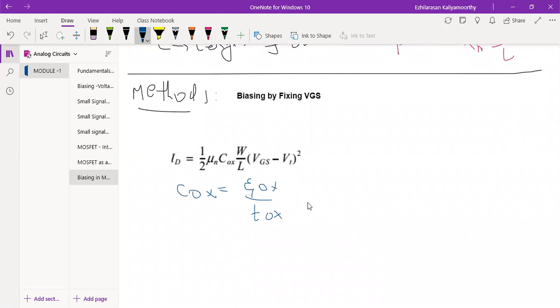Now let us take the figure for the biasing.